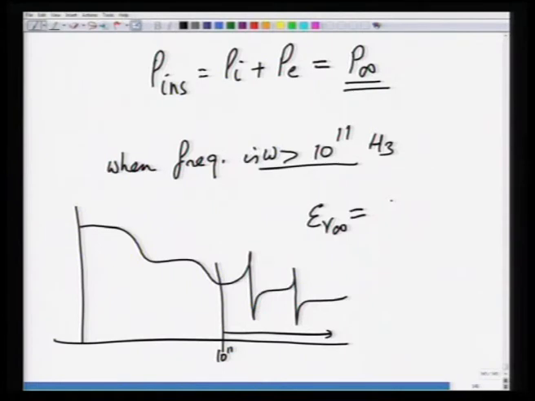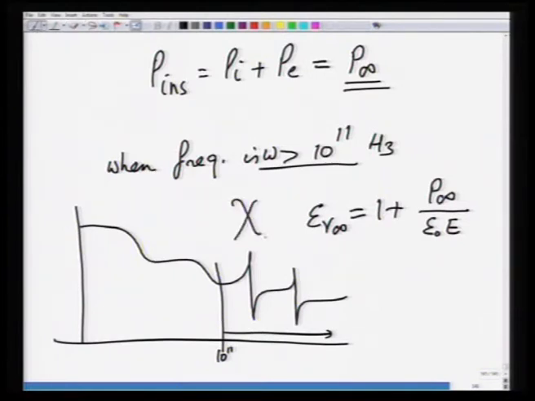So the static high frequency unrelaxed dielectric constant is given as 1 plus P infinity divided by epsilon naught E, and you can write this in a different manner.